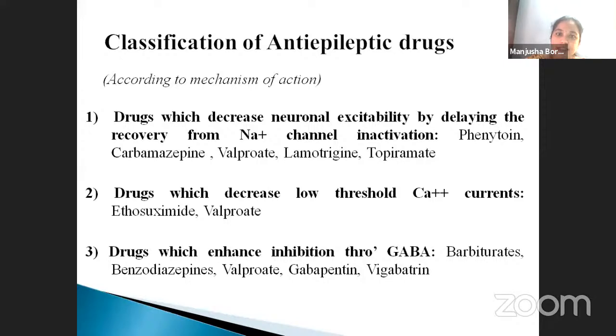Drugs which enhance inhibition through GABA are barbiturate, benzodiazepine, valproate. You are all aware of the barbiturate and benzodiazepine mechanisms of action. They bind to the GABA receptor chloride channel; benzodiazepine increases the frequency of opening of the chloride channel, and barbiturate increases the duration of opening of the chloride channel, resulting in hyperpolarization.